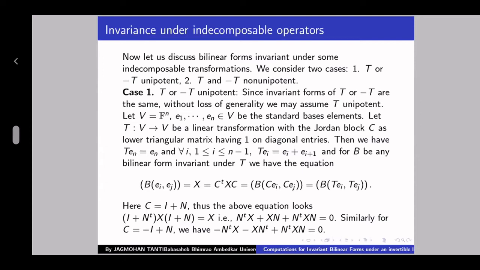So T of En equals En, and for all i between 1 and n minus 1, T of Ei is Ei plus 1.